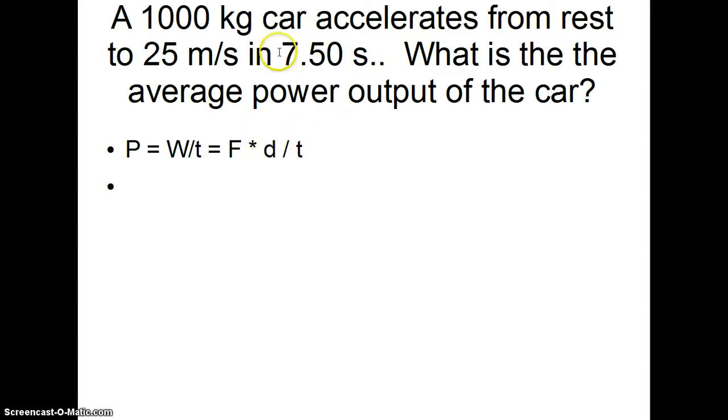The only thing that you're told here that looks even remotely close to something we can use is seconds. So we need to be able to figure out what the force is and also figure out what the displacement is. And this is going to require us to go back into using Newton's laws and also some of the kinematic equations. We'll use Newton's second law to find the force, and we'll use one of the kinematic equations to find the displacement that it undergoes.